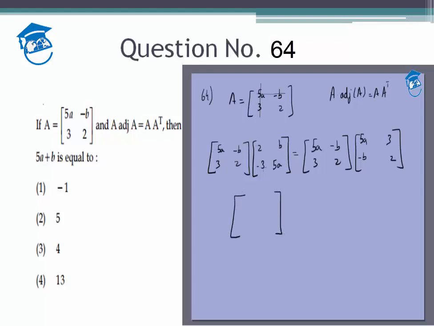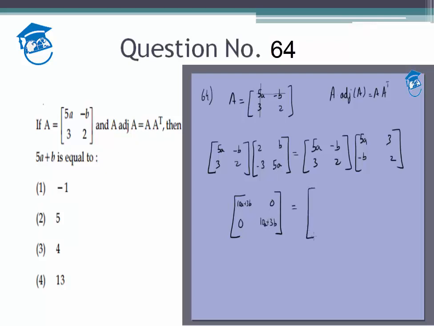5a minus b multiplied by 2 minus 3 will give me 10a plus 3b. 5a minus b multiplied by b and 5a will give me 0. This multiplied by this gives me 0. And this multiplied by this gives me again 10a plus 3b.